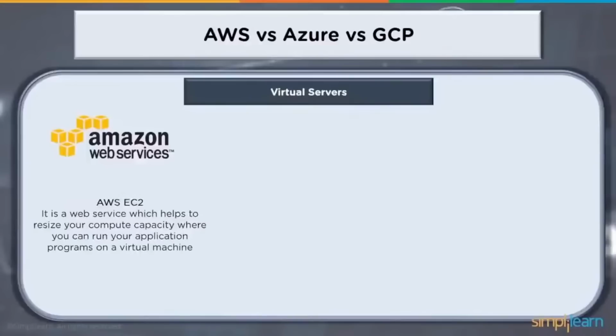When we talk about virtual servers, Amazon's EC2, that is Elastic Compute Cloud, is a web service which helps to resize your compute capacity, where you can run your application programs on a virtual machine. Using the EC2 service, you could launch virtual instances that could have any distribution of Linux or Windows.